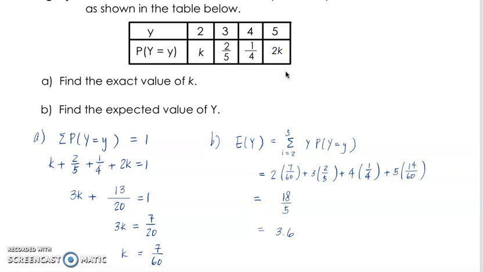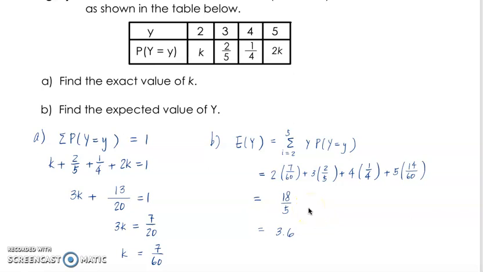But it's really the same thing. So you multiply 2 by 7 over 60, plus 3 times 2/5 plus 4 times 1/4 plus 5 times 14 over 60, and that works out to 18 over 5, which is 3.6.